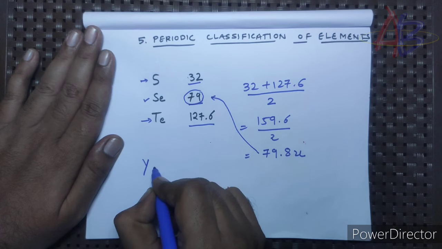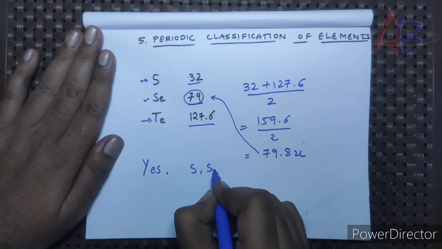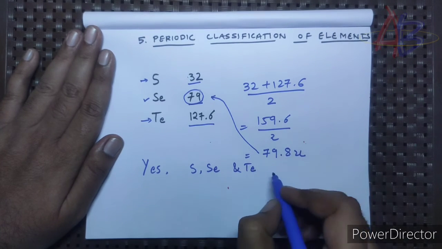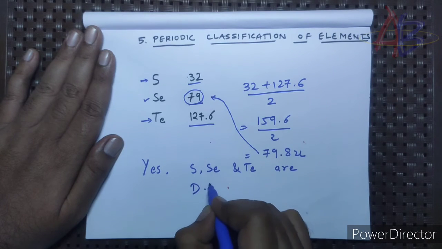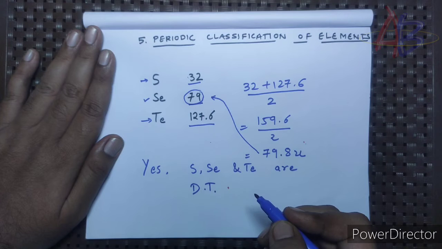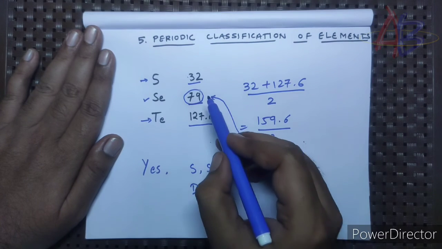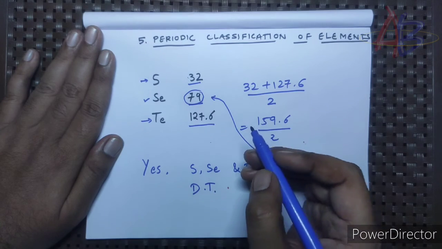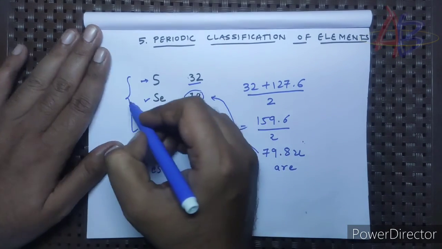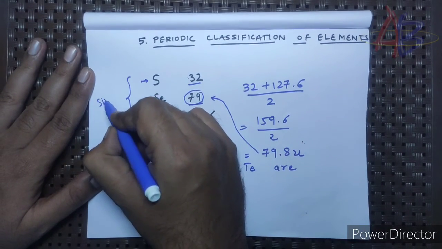Therefore, we can say yes, sulfur, selenium, and tellurium represent a Döbereiner triad. You need to check two things. One is the average atomic mass aspect, and another is that all three elements should have similar properties.